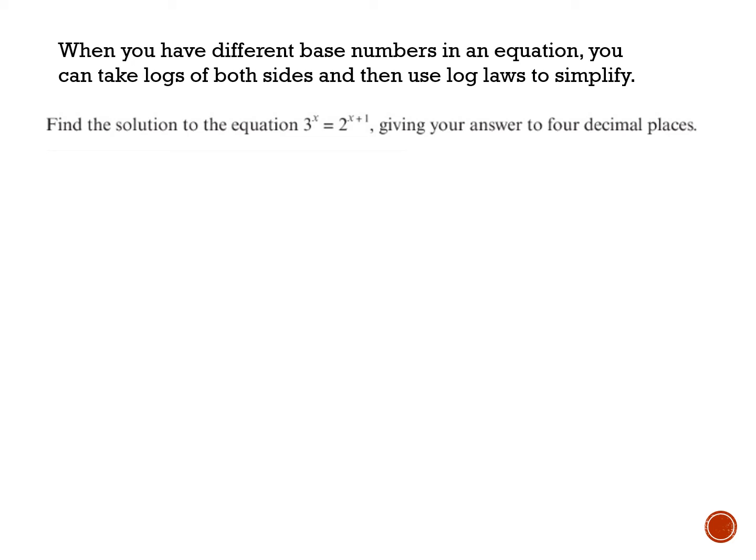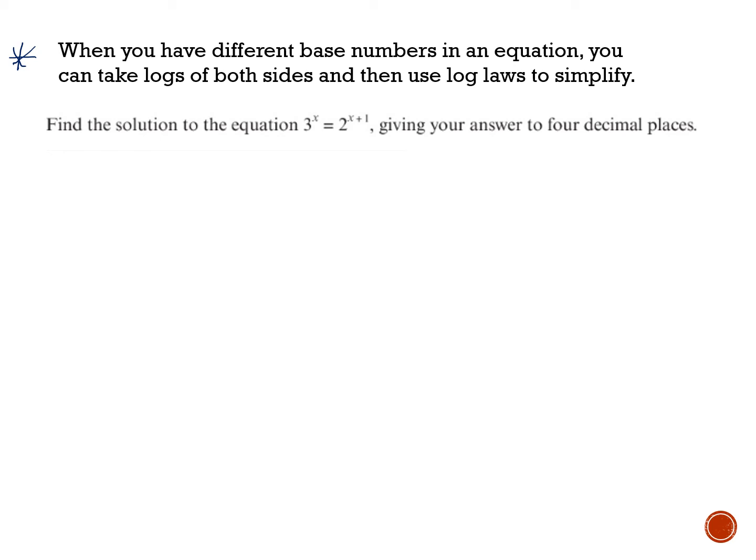So I'm not just immediately going to be able to write them in terms of logs to the same base. Okay, so if we remember some of our log laws, what we can do with this equation, a completely valid method, in the same way as a valid method is to square root both sides, square both sides, add 1 to both sides, a good mathematical technique you can use when the unknown is in the power is to take logs of both sides.